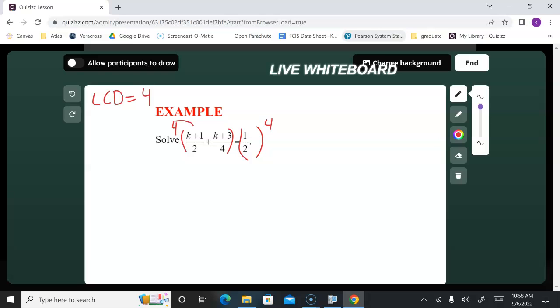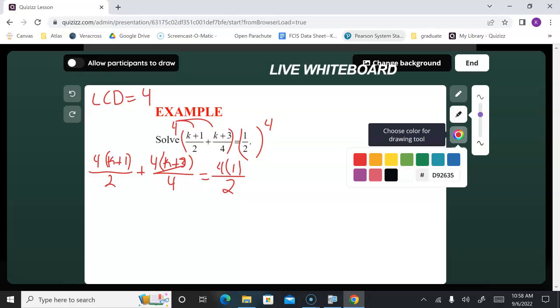So we're going to apply the distributive property. Now I'm going to write the multiplication and then we're going to simplify. All terms are being multiplied by 4, our least common denominator.